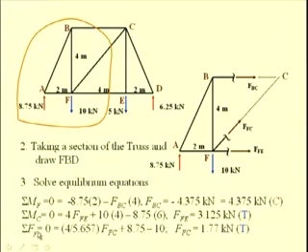Since we are summing up the vertical components, we need to know the sine of this angle, which is 4 by 5.657, times the force in FC, plus the vertical reactive force, which is positive in direction, and the applied force is negative because it is a downward force, so minus 10. From this equation we have the force in FC as 1.77 kilonewtons.